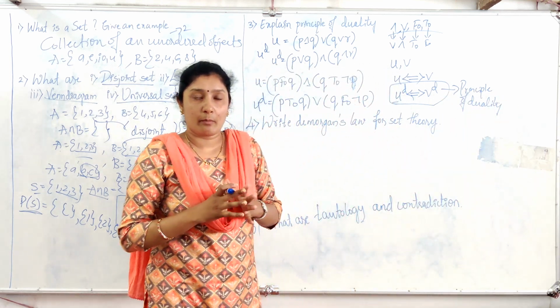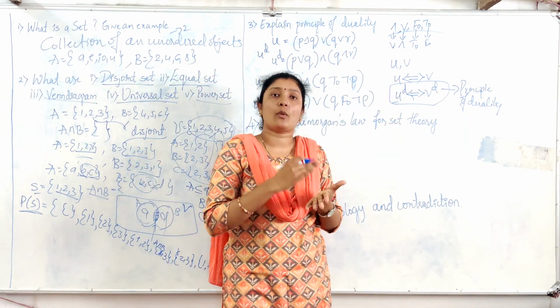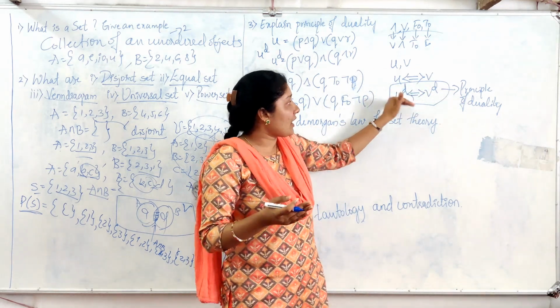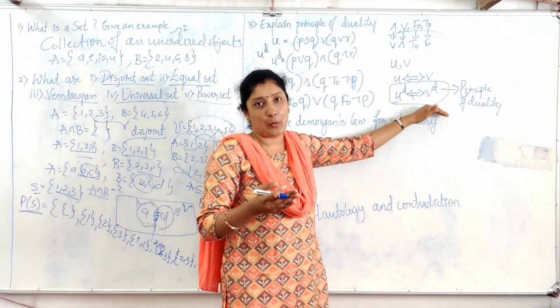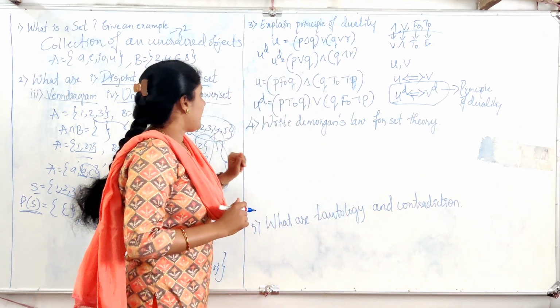So what is the principle of duality? When the two compound propositions U and V are logically equivalent, then their dualities are also logically equivalent. This is called the principle of duality.